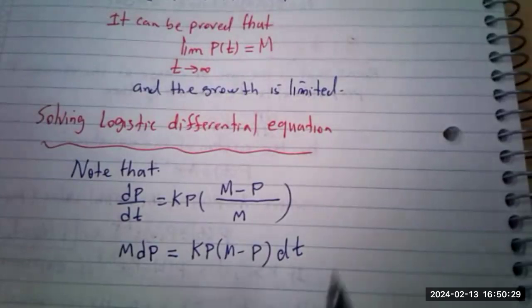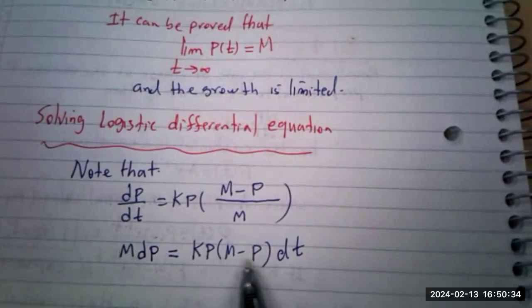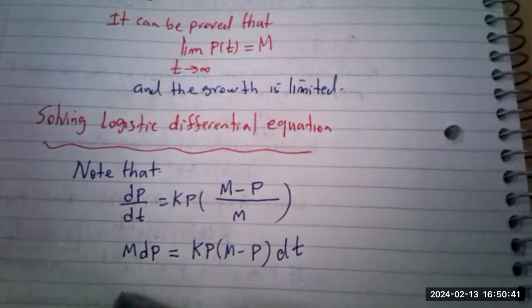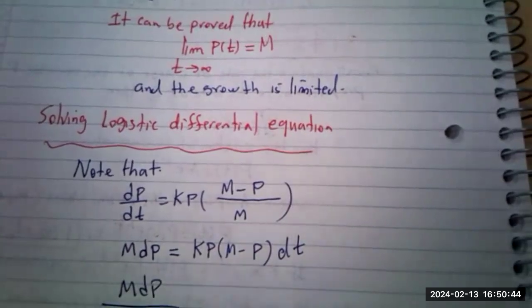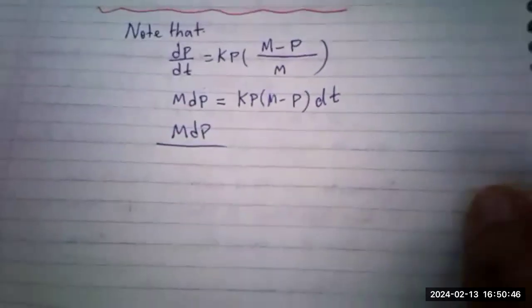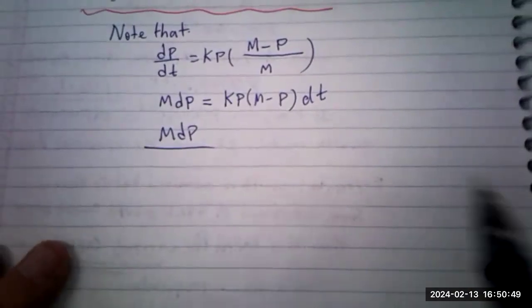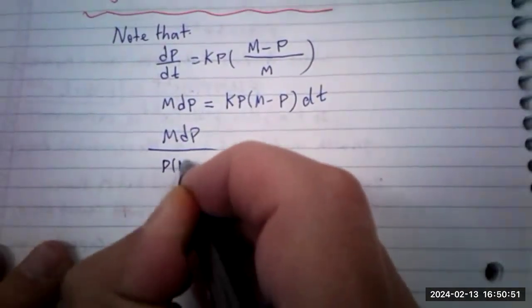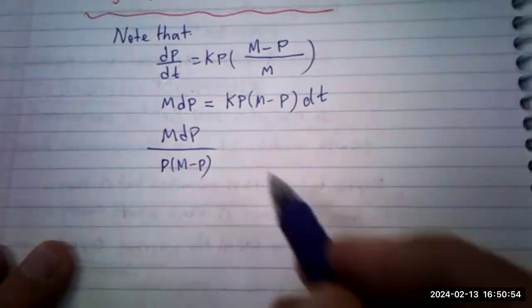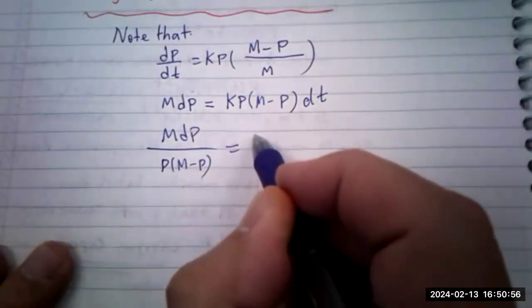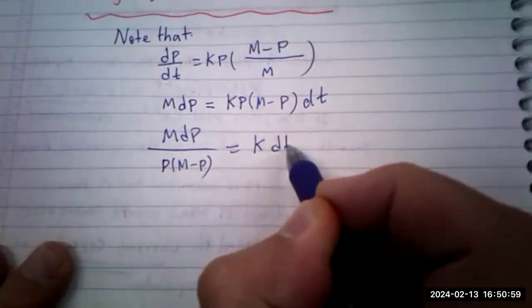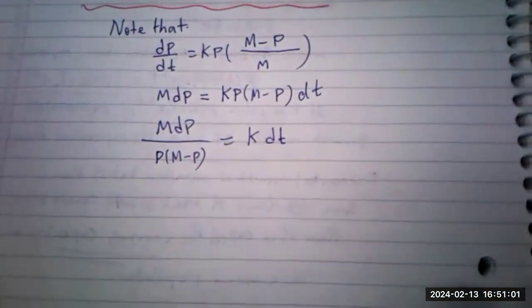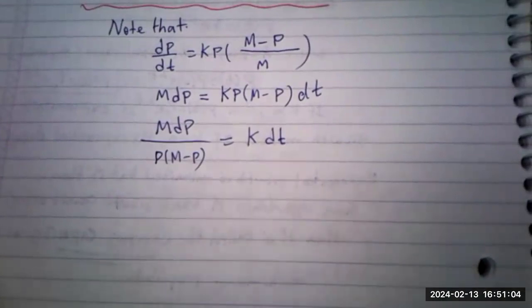So k is a constant, remember. I need to bring this p and m minus p together with the dp. So I divide it. This is it: m dp divided by p times m minus p. The leftover is going to be k dt.